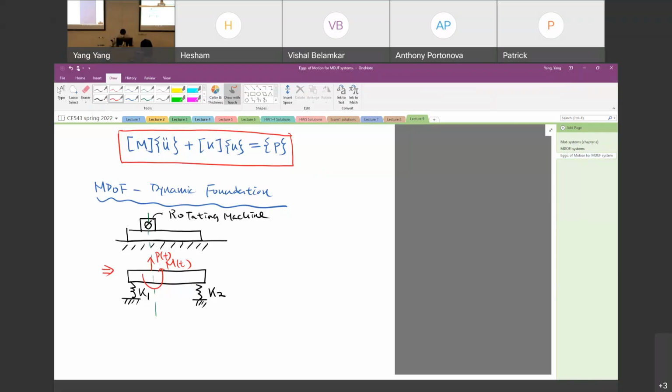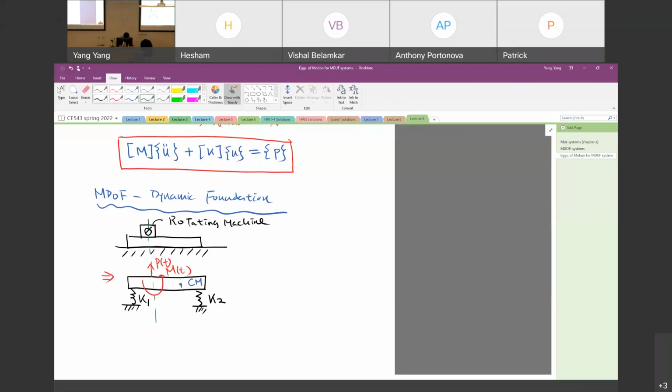If we assume there is a concentrated mass for the foundation, this is the concentrated mass, with the eccentricity E to where the machine is, and the locations L3, L4.